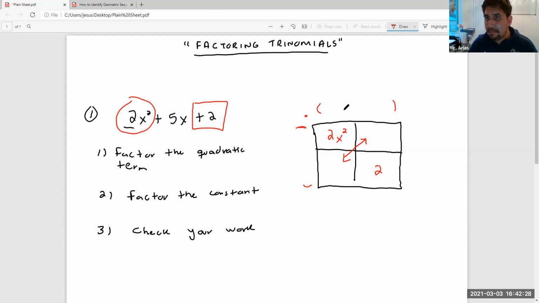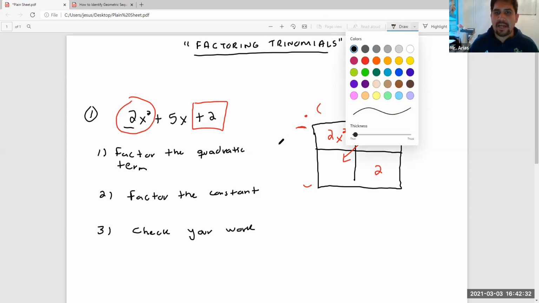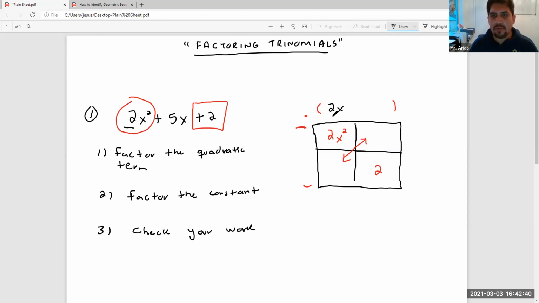We have to find the factors that when you multiply those two factors, they would produce 2x to the power of 2. There's pretty much only one combination that we can have right here, and that would be just 2x times 1x, because if I multiply 2x times 1x, we get this top left entry. Okay, so that's that. Then I'm going to put a plus here and here just for separation purposes.